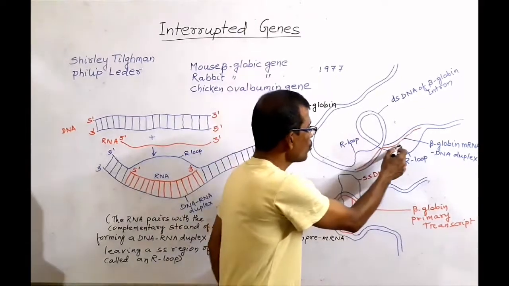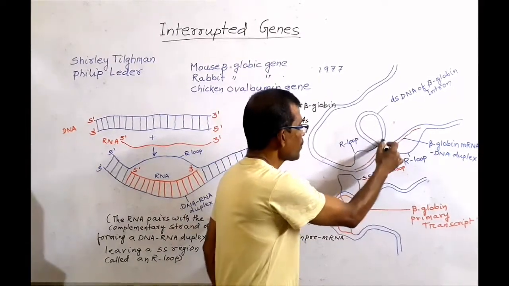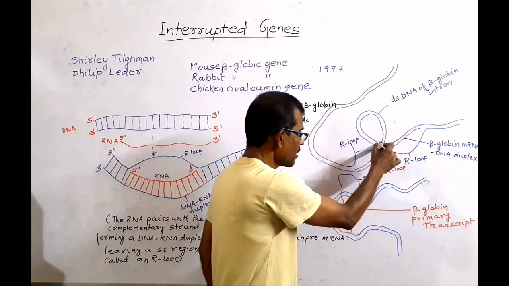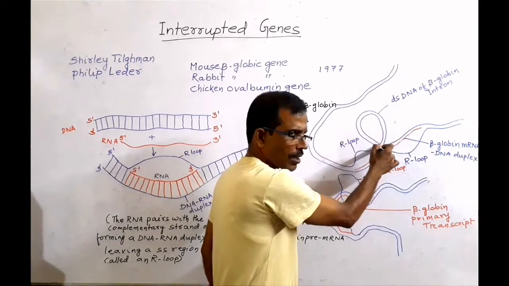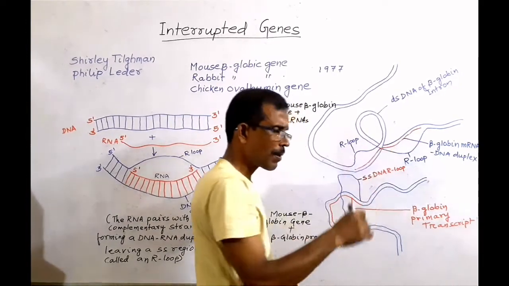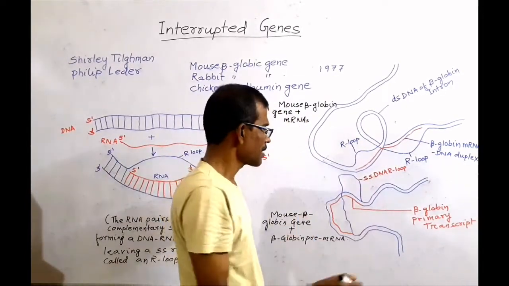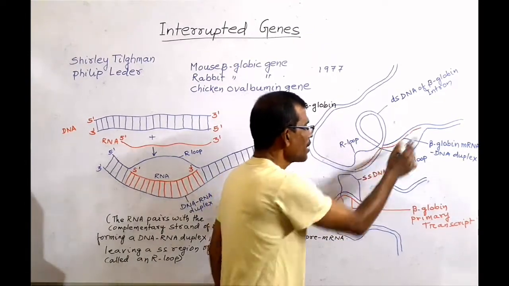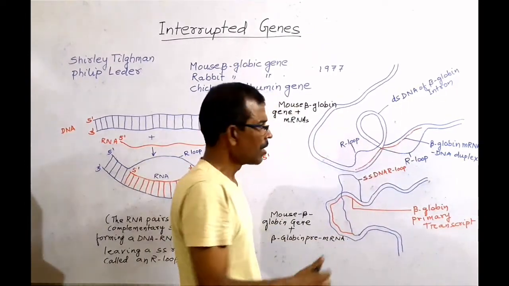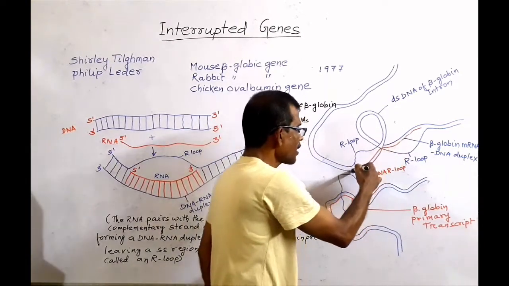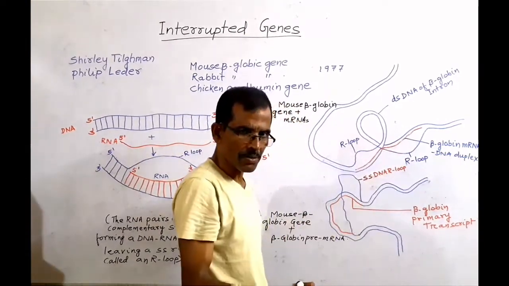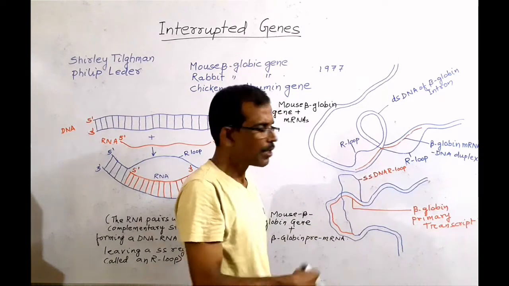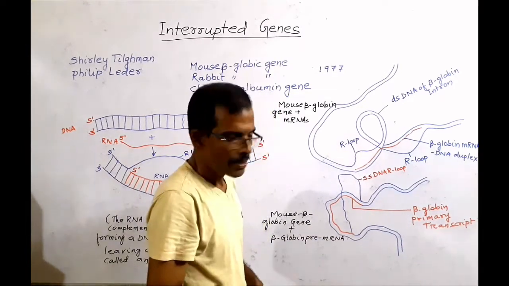This loop of double-stranded DNA contains the non-coding sequence. Hybridization does not take place between this non-coding sequence and the beta-globin mRNA because the mRNA does not contain introns. These introns have already been excised during processing.